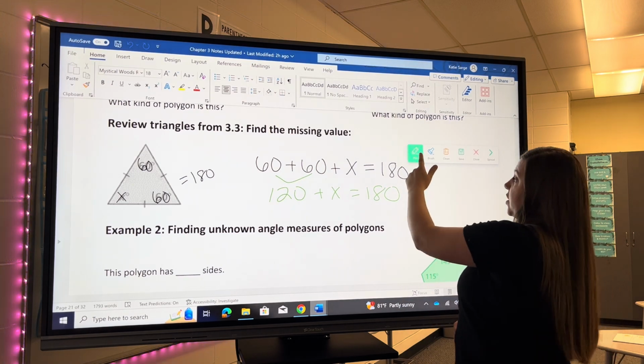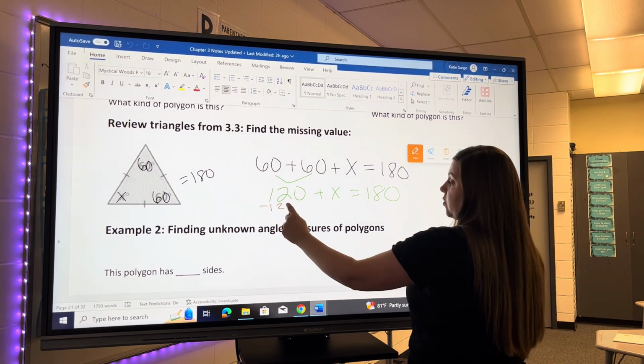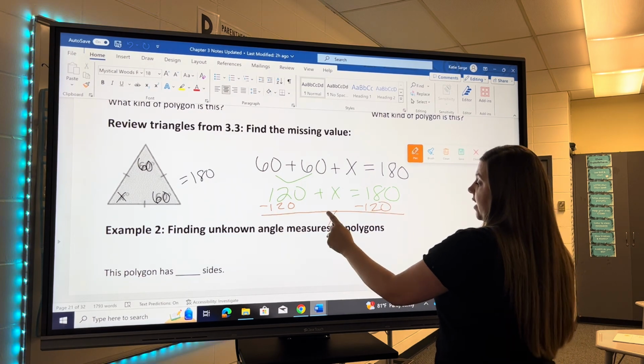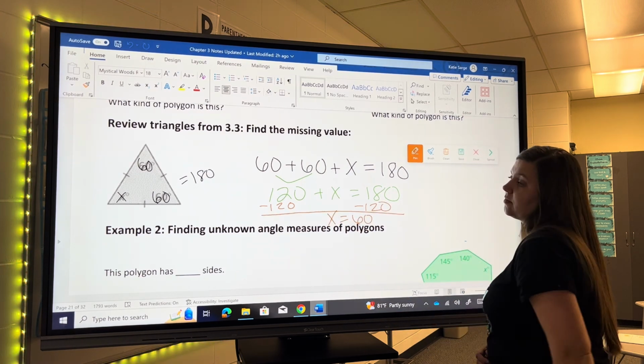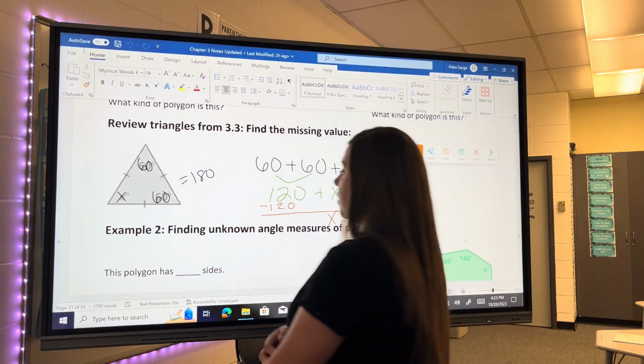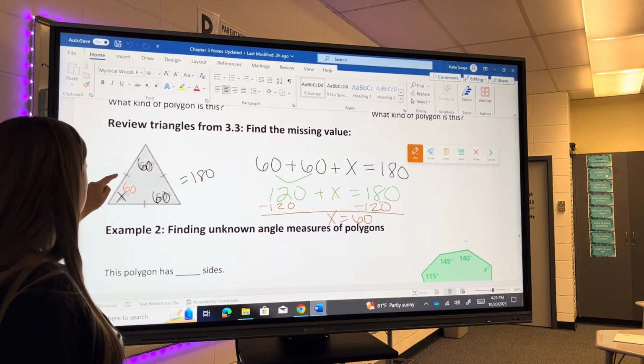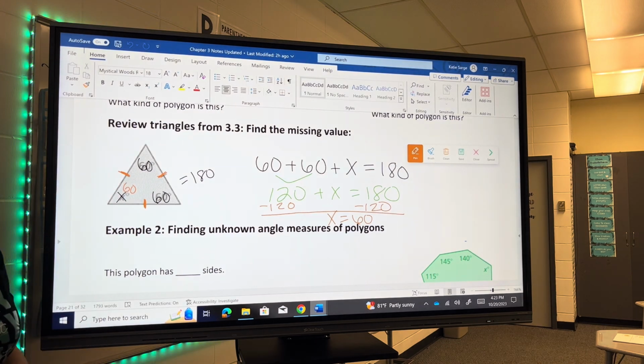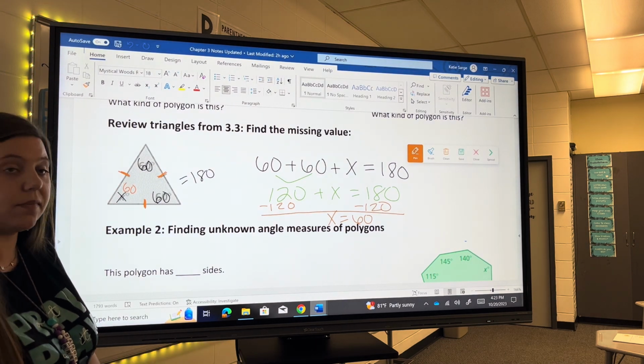And now we need to subtract, okay? So subtract 120, and x should be 60, okay? One of the things that I want to point out to you here is these little lines. These lines mean that those side lengths are the same, okay?